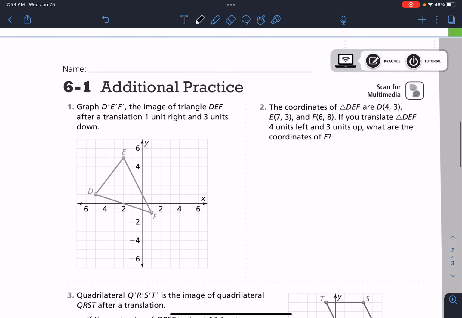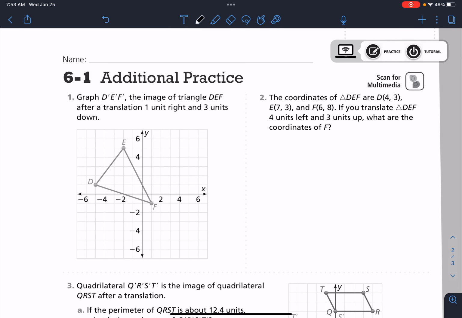So let's do a few example problems here, and hopefully it doesn't take too terribly long. So it says graph DEF, the image of triangle DEF, after a translation 1 unit to the right and 3 units down. So what you do here is, if you notice, these little guys have these little markings right above them. That's called D prime, E prime, and F prime.